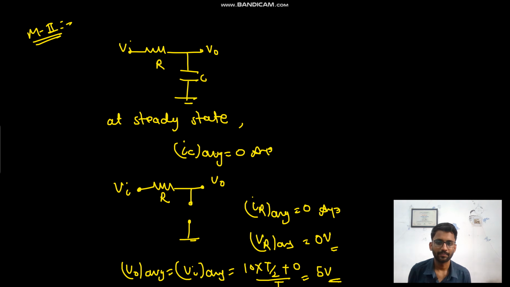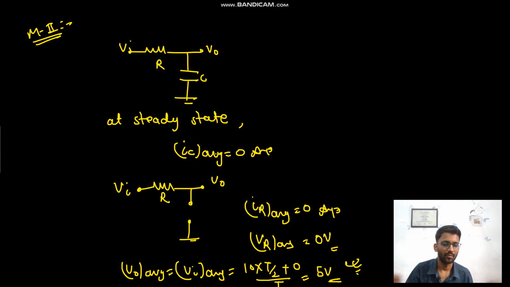So do you understand it? At steady state, the average capacitor current should be 0. So your I average should be 0, your VR average should be 0, and your V naught average should equal V in average, that is 5 volt. So in any configuration, if they have given some pulse input, the duty cycle may be 30%, 40%, 70%, any input.